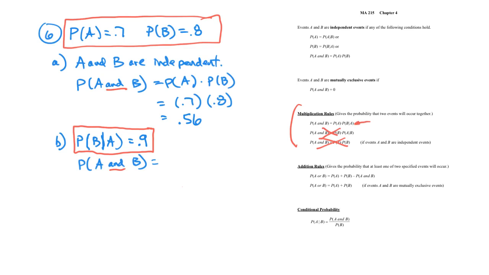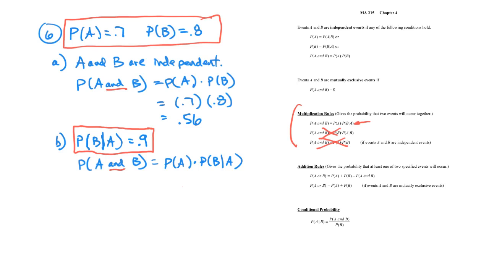So the probability of A and B is going to be the probability of A times the probability of B given A. So every time you have one of these AND questions, you just look through here and try to pick the one that you can use.